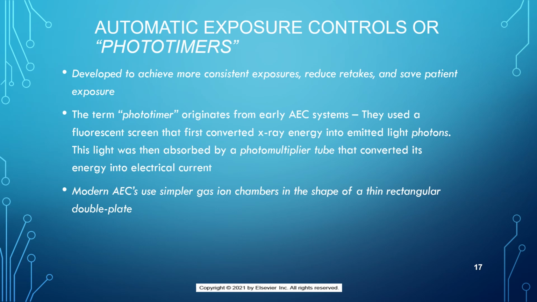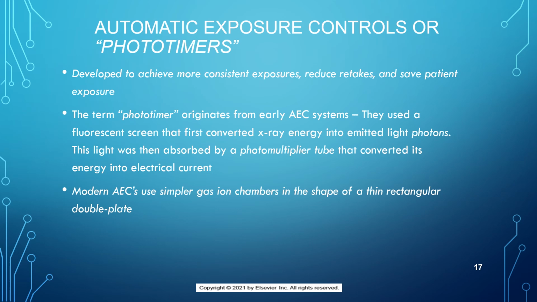The first iteration of the technology had a fluorescent screen behind the image receptor, so the X-ray beam penetrated through the patient. Some of it was caught by the image receptor, some of it passed through the image receptor and hit this fluorescent screen.